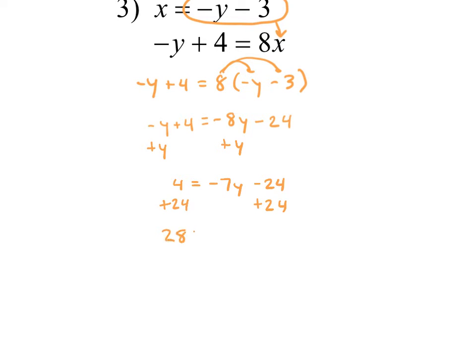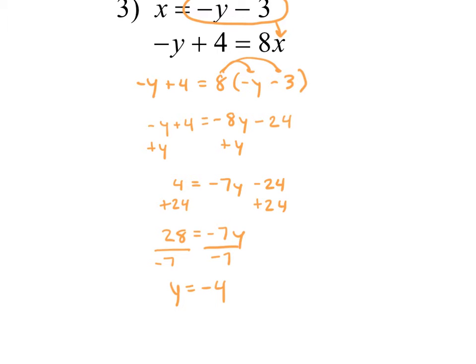So 28 is equal to negative 7y. What's the last thing we need to do? Divide. So divide both sides by negative 7. What's 28 divided by negative 7? Negative 4. So we get y is equal to negative 4.